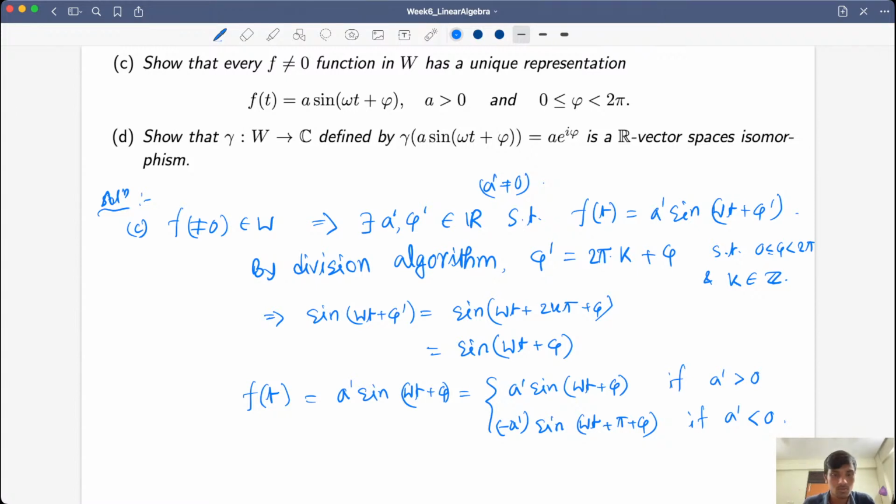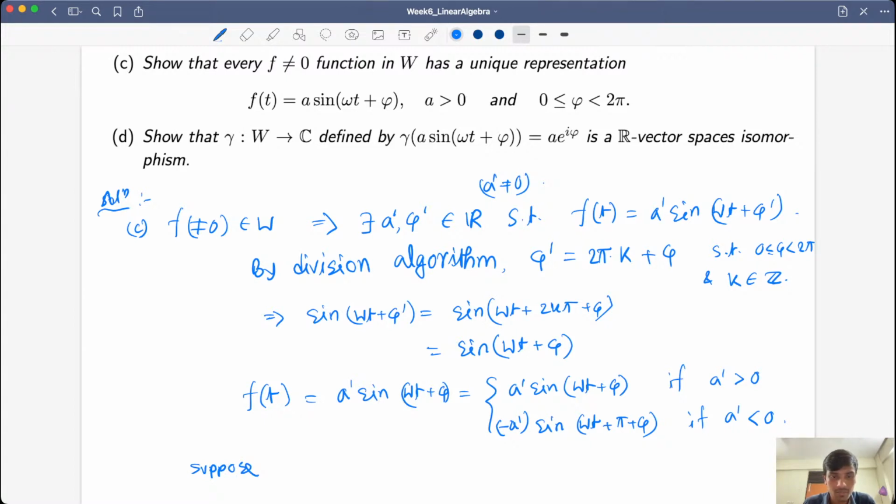Okay, in this way we can manage that a is positive and phi is between 0 and 2 pi. So why is this unique? Suppose you have two representations.